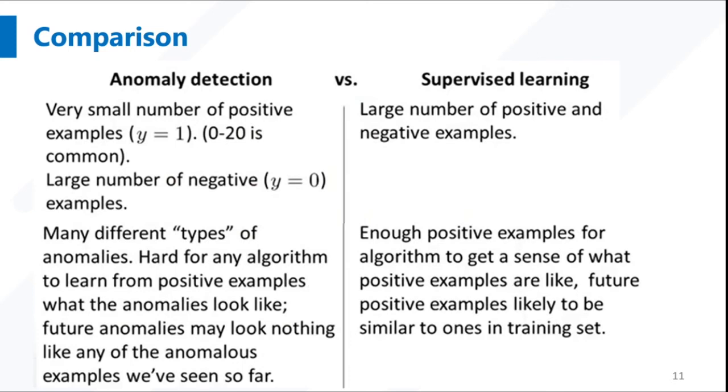The other comparison point is that many different types of anomalies may occur, and it is hard for any algorithm to learn from positive examples. Whether a particular type of anomaly will occur in the test case, you can never predict. It is very hard to predict, and that's why it is very hard to encompass all the positive examples. Future anomalies may look nothing like any of the anomaly examples we have seen so far.